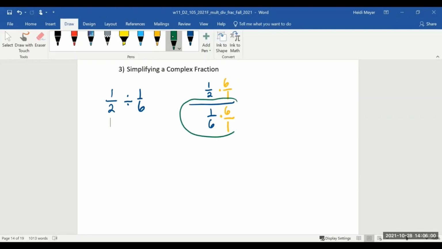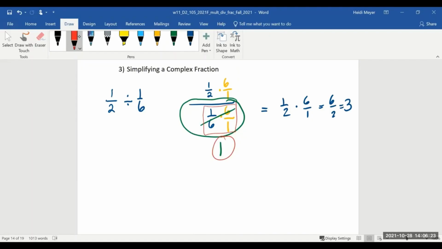And so the bottom just becomes a 1, and anything divided by 1 is just itself. So this becomes 1/2 times 6/1, which is just what we have on top. So I did what I needed to do in order to get the denominator, the bottom, to just be a 1. It's this whole thing divided by 1. But anything divided by 1 is just itself. So that's another way to think about why.